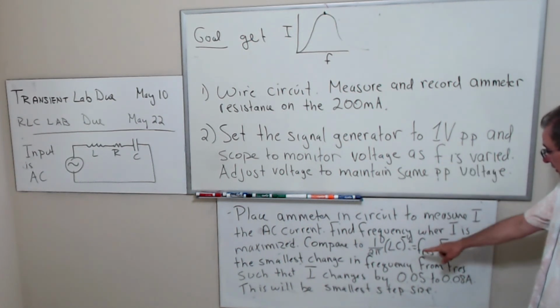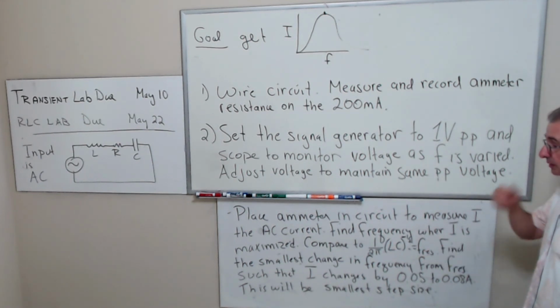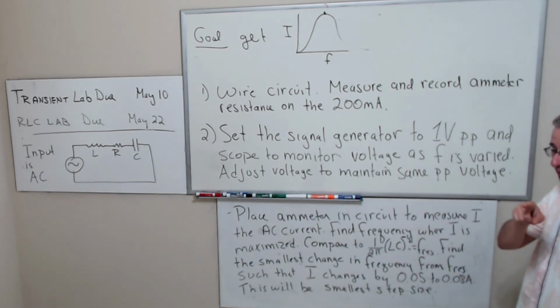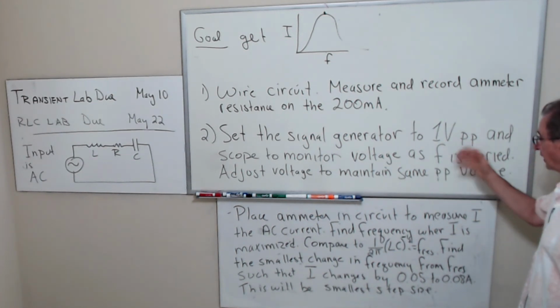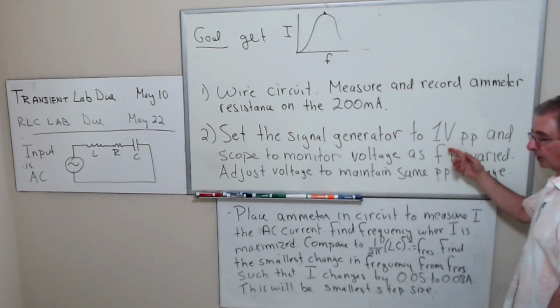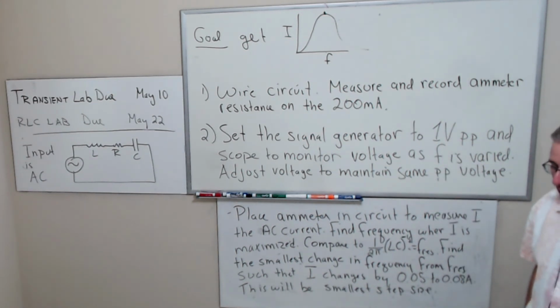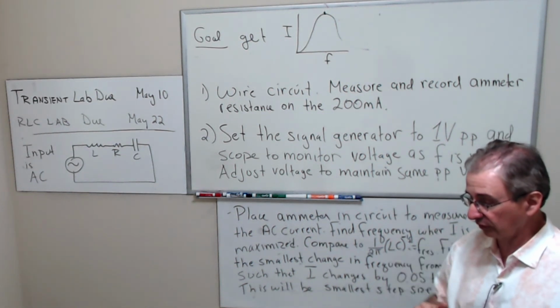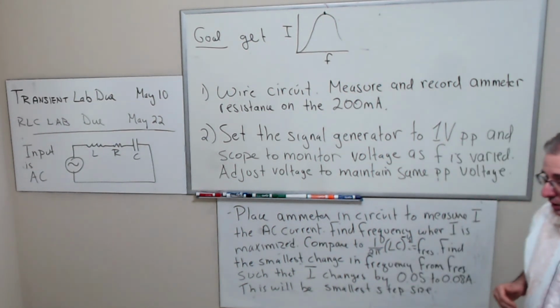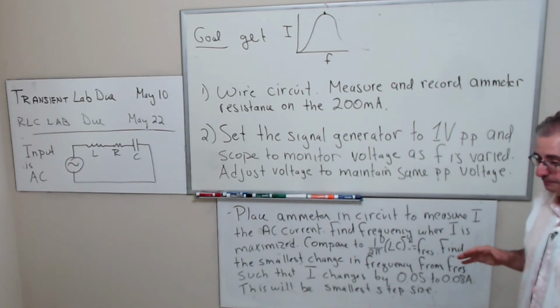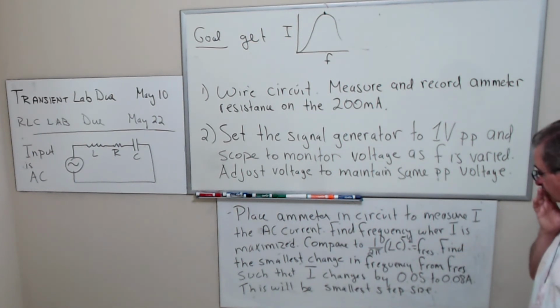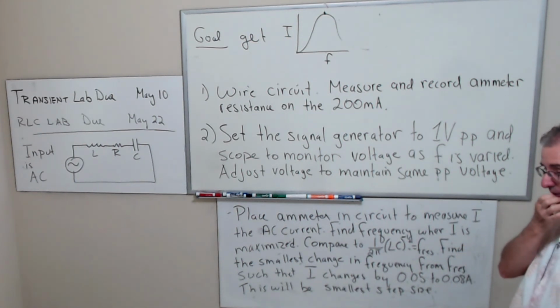So if you get to the resonance frequency and your scope signal looks distorted, go to 0.9, then 0.8. You just lower it until the signal's not distorted anymore. And you will work with that voltage. That's important because otherwise it's going to mess up your whole lab.